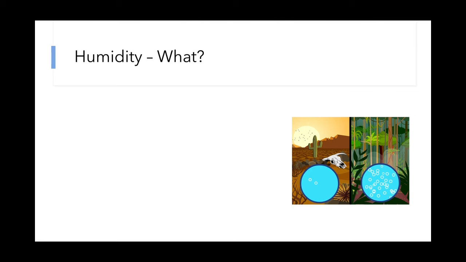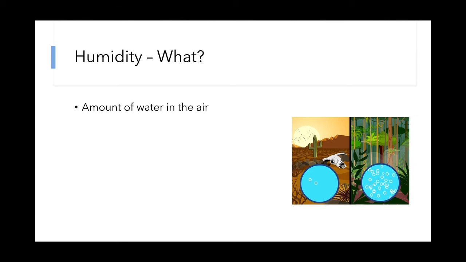For example, if you sweat a lot and you feel very uncomfortable, sticky, we always say, wow, what a humid day. But it doesn't mean humidity is how hot the surrounding is. Humidity actually has to do with the amount of water in the air. To be more exact, the amount of water vapor in the air.